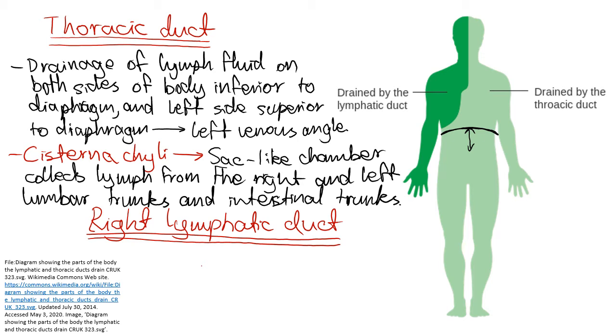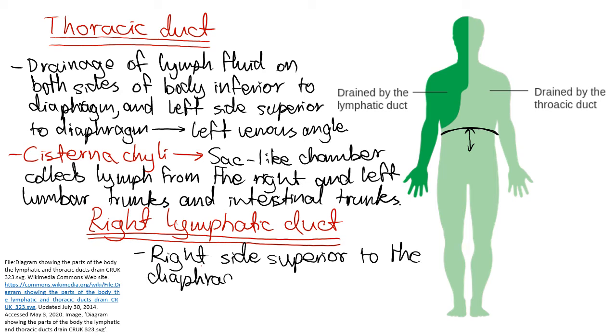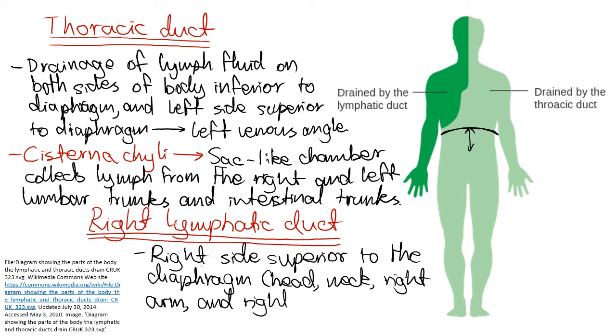So the right lymphatic duct receives lymph from the right side of the body, right side superior to the diaphragm. So for example, it receives lymph from the head, neck, right arm, and right thorax.